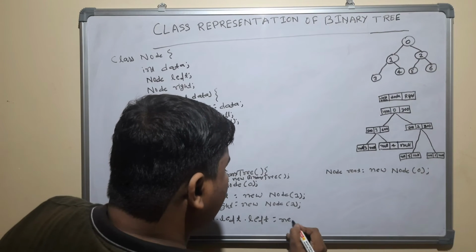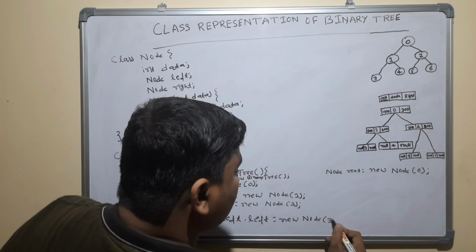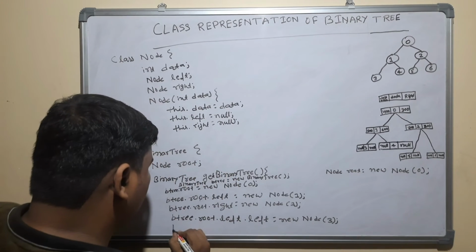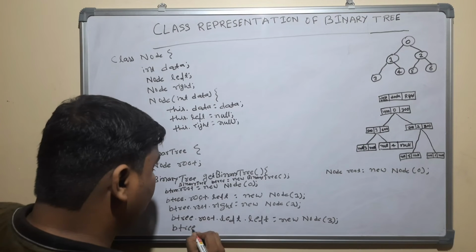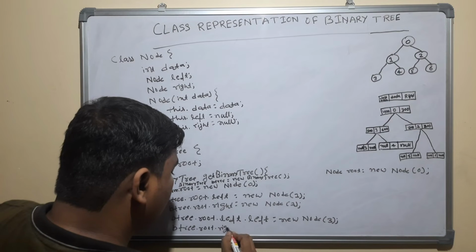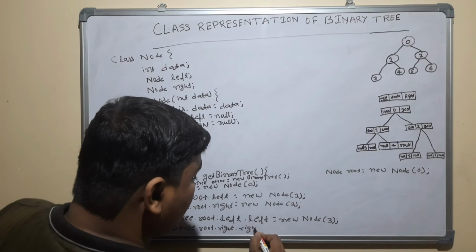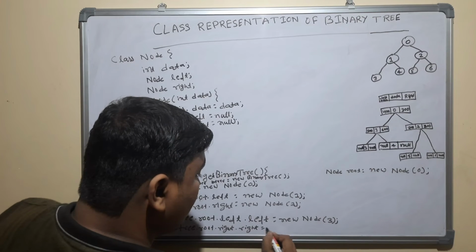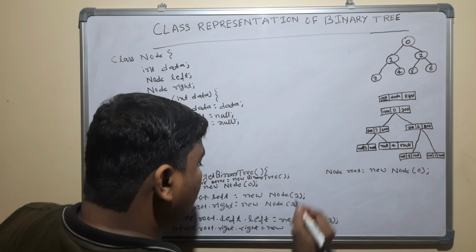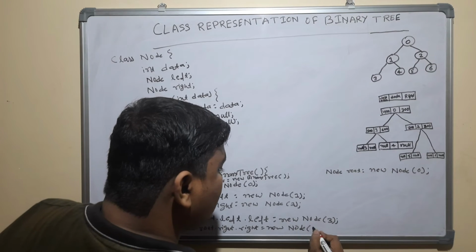So we have to initialize 3. Right dot right equal to new node 4. So right child is 4.